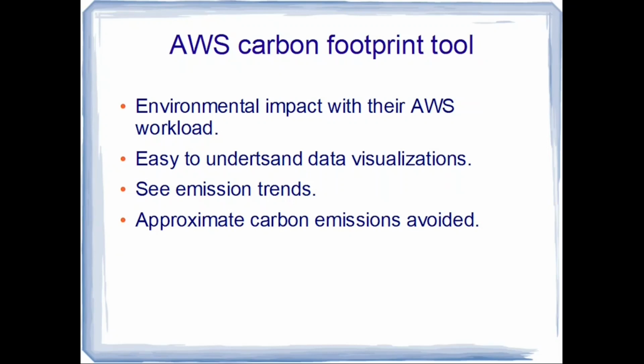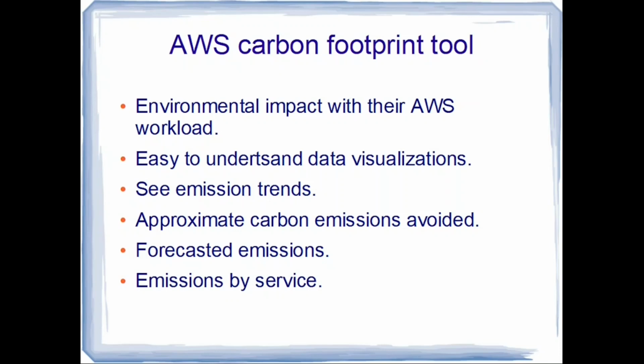Even, this is a very beautiful feature of this tool: they can see their approximate carbon emissions that they have avoided by using AWS rather than using on-premises servers. With their current usage, this tool provides forecasted emissions as well, like what they are going to emit in a month or in a year.